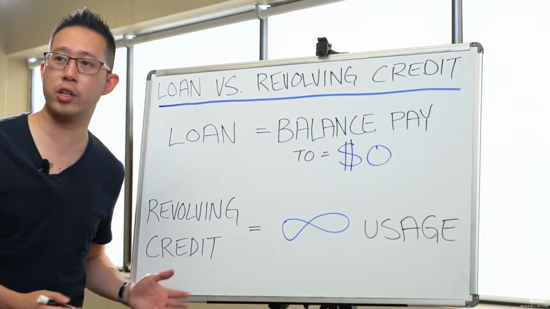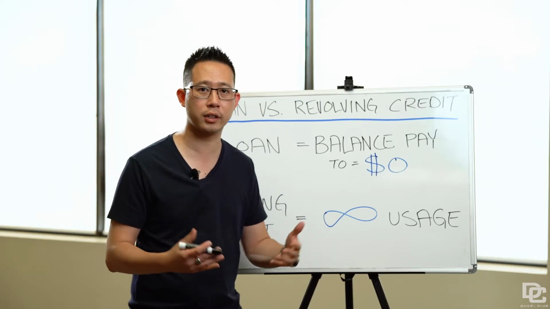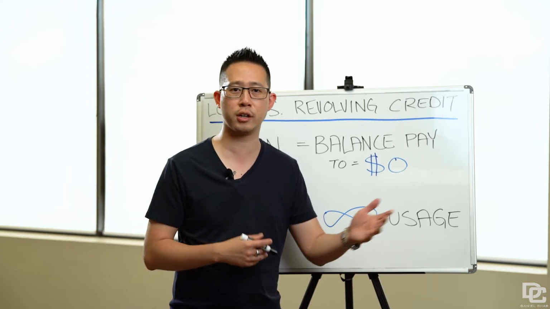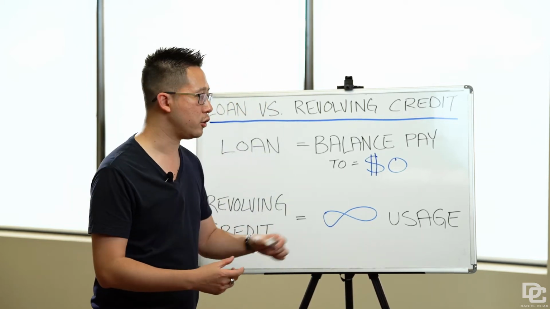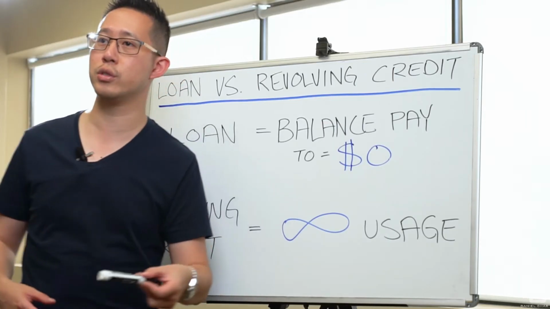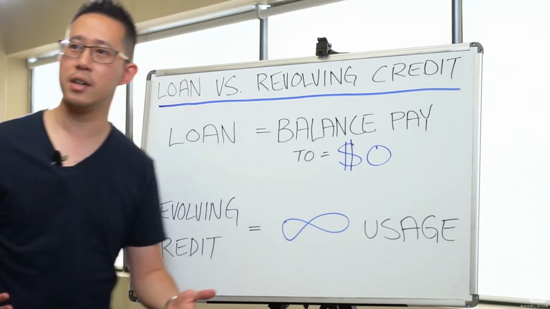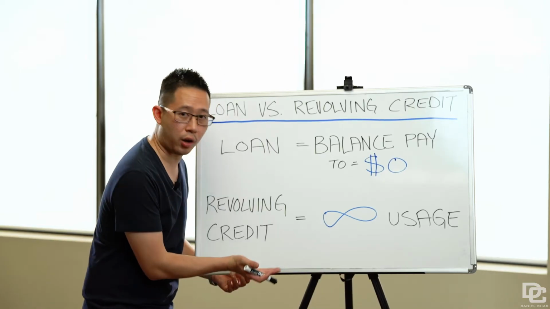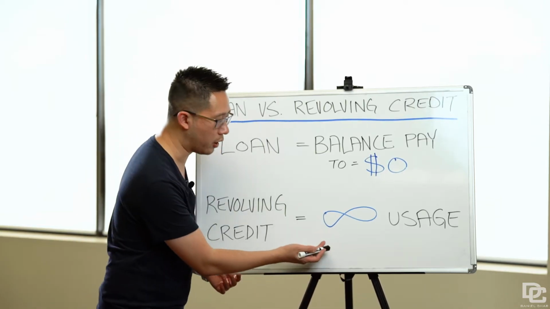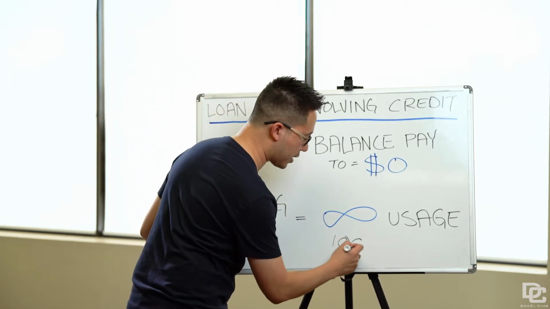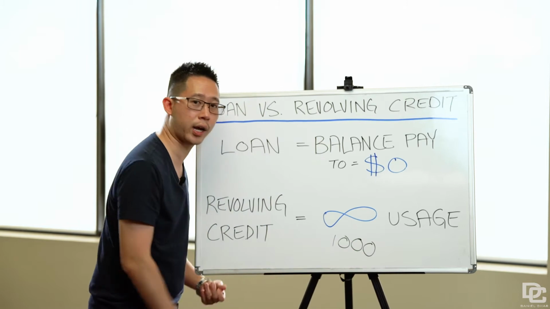So revolving credit is basically a product that you could use for any types of product. It doesn't have to be a big purchase. It could be big or small, but at any time you can pay it down and reuse it. It's infinite. So to give you an example of revolving credit, think of your credit card as revolving credit. Doesn't matter what the limit is. If you've got a $1,000 credit card, you can max this credit card off.